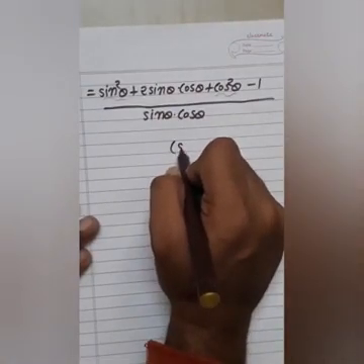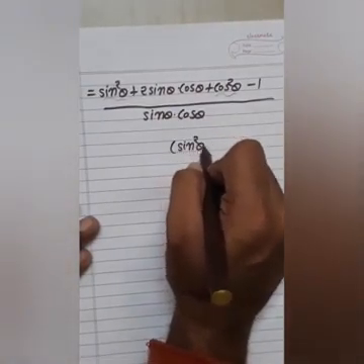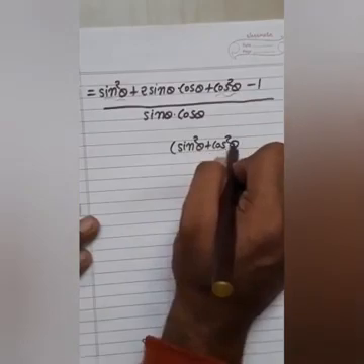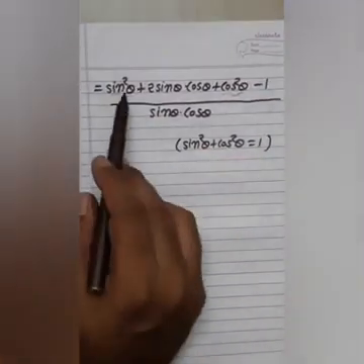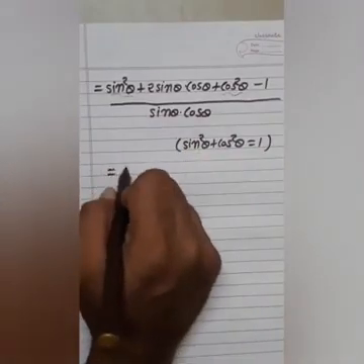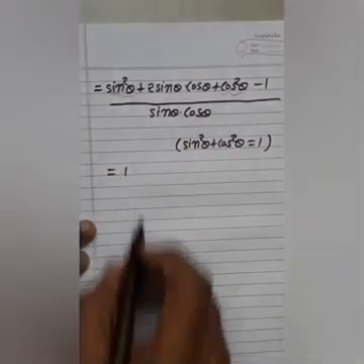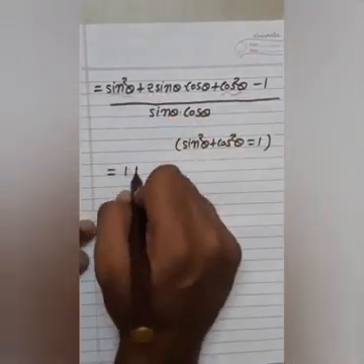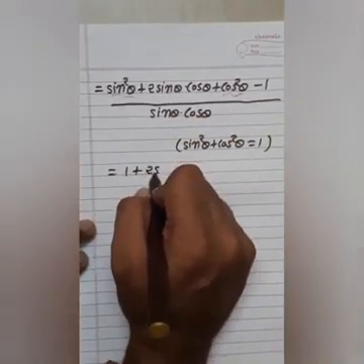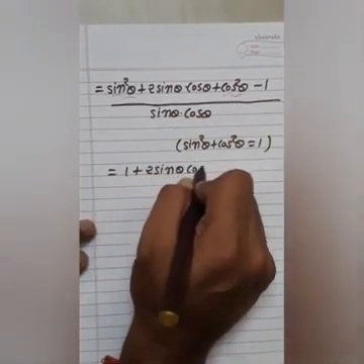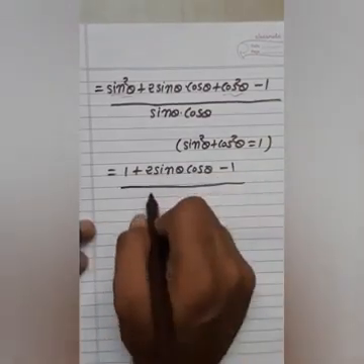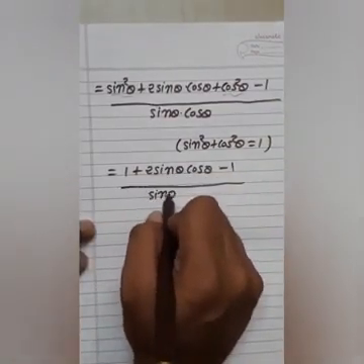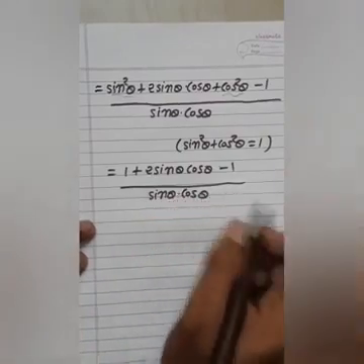So here we can write 1 in place of sin square theta plus cos square theta, plus the second term as it is. So 1 plus 2 times sin theta into cos theta minus 1, upon sin theta into cos theta.